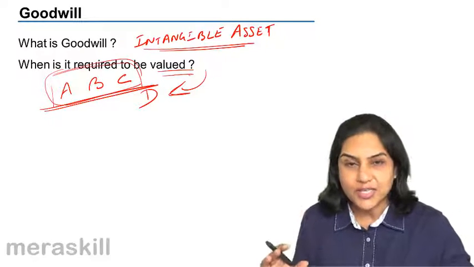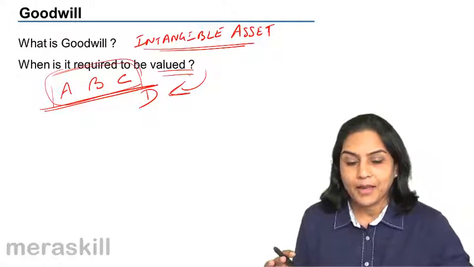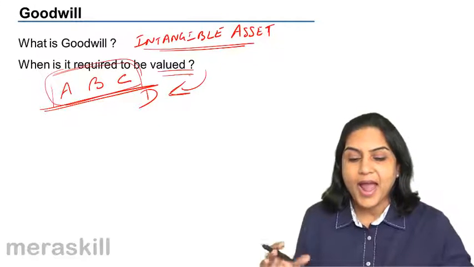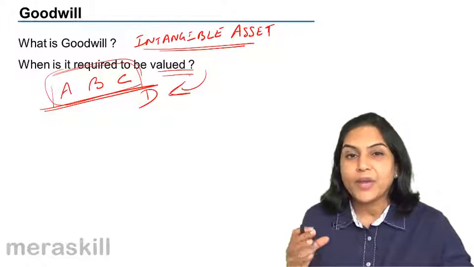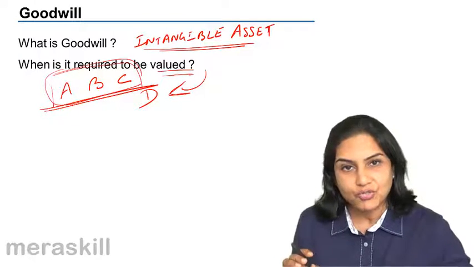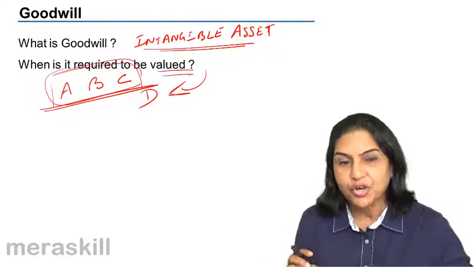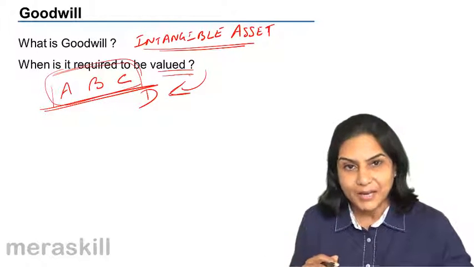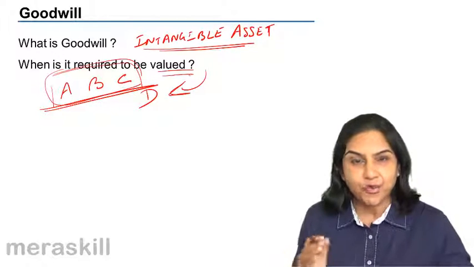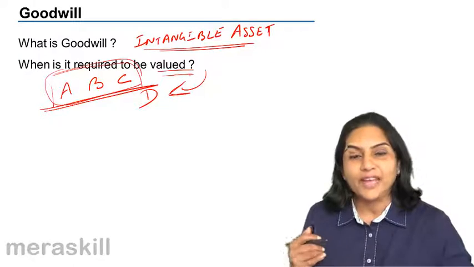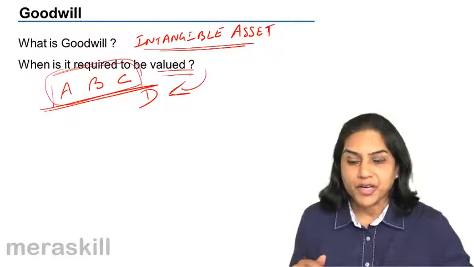We cannot see this asset, physically feel this asset, and it requires to be valued normally whenever there is a reconstitution of the firm, when there is a change in the profit sharing ratio, or a partner is admitted and therefore there is a change, a partner retires and therefore there is a change, or on the death of a partner and therefore a change in the profit sharing ratio.